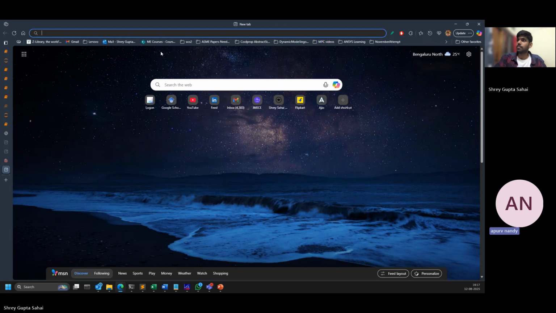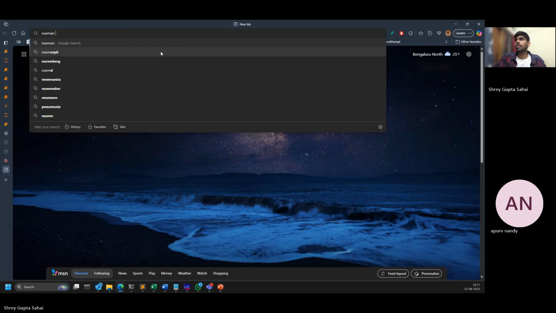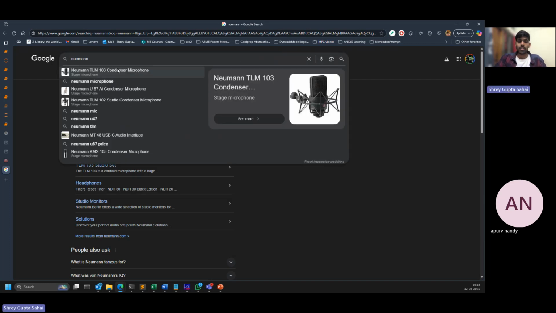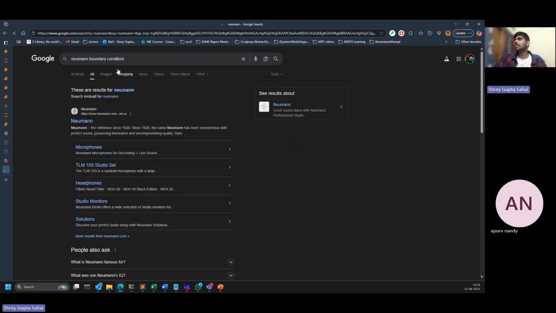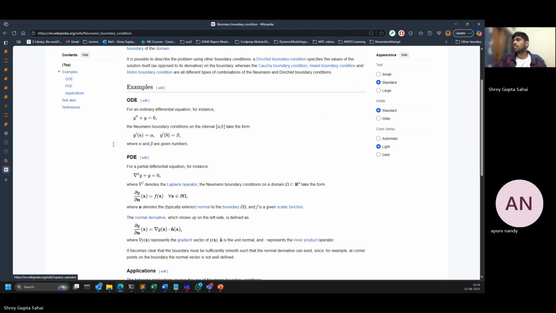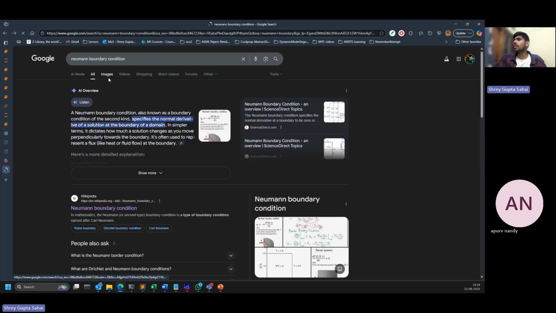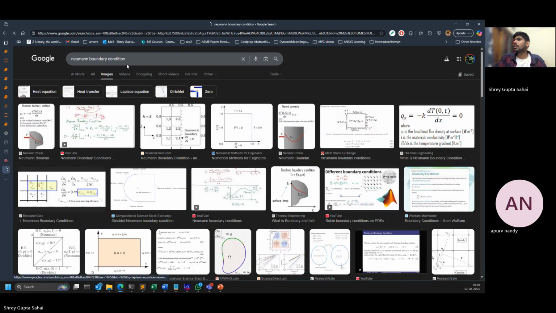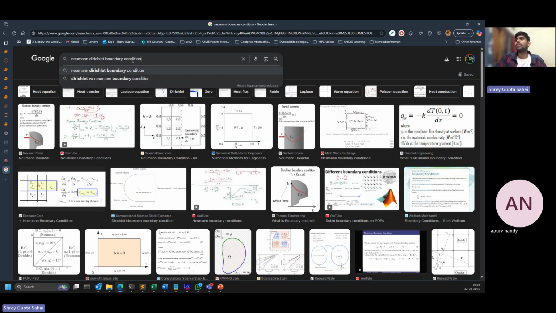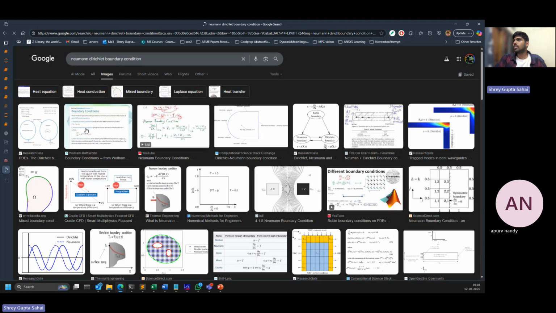I think Dirichlet is derivative, right? No, no, you're confusing. Let me check. Neumann boundary condition is this one. We were given a Dirichlet boundary condition this time.